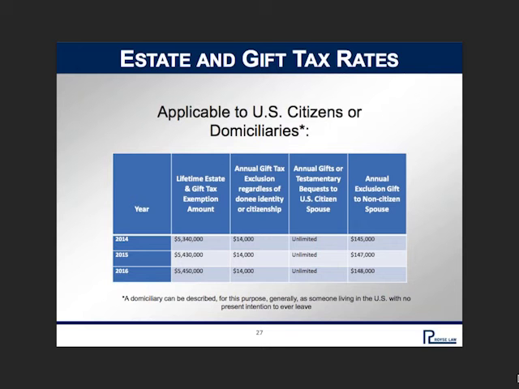So that works out to $10.9 million for a married couple. And that's a really nice exemption. In addition to that, I can make gifts to my children for their birthdays of up to $14,000 per year, or $28,000 between my wife and I.